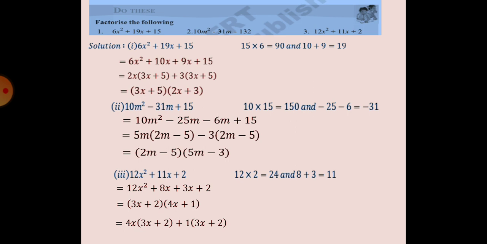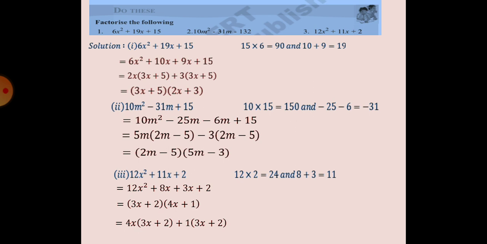Again, I'm sorry, the steps are interchanged. The last step is the third step. From the first and second terms, 4x is common. And inside 3x plus 2 remains, and in the last two terms 3 and 2 are co-primes, no common factor is there. So 1 is taken common. When there is nothing common, we take out 1 common because 1 is the common factor for everything.